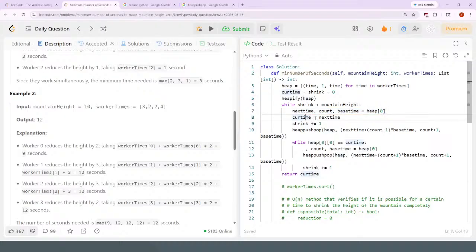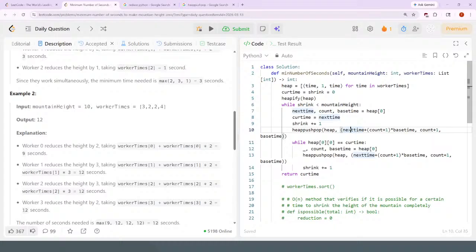So you say that you shrink increase by 1 by using this worker, and then the next total time when this worker would shrink the height would be at 2 plus 2 times 2, so at time 6, which hopefully makes sense. So if we have a base time of 2, then the first time that it reduces at time 2, next time it reduces at time 6.